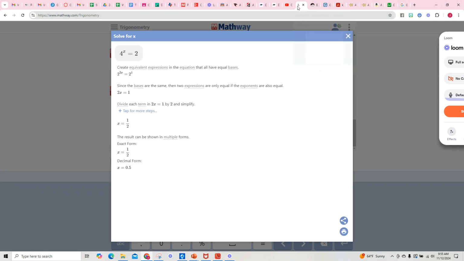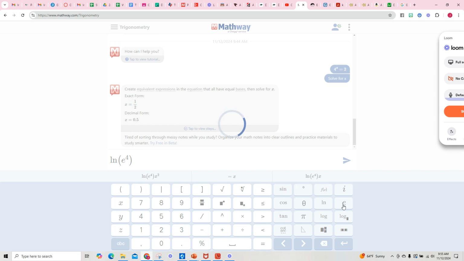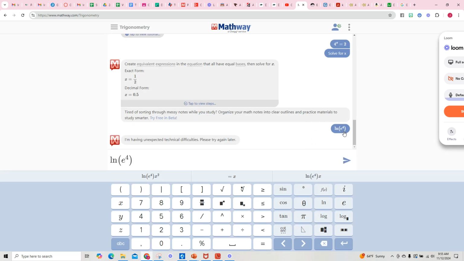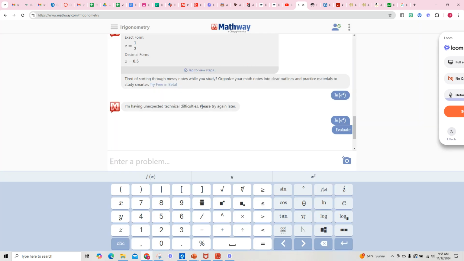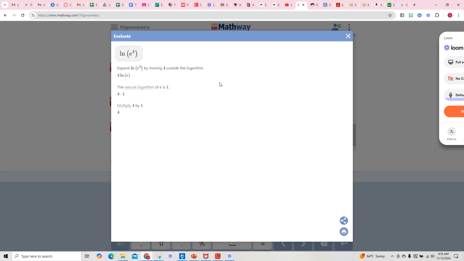Okay, so let's look at this one then. ln of e to the 4th. And there's a whole bunch of rules in that.